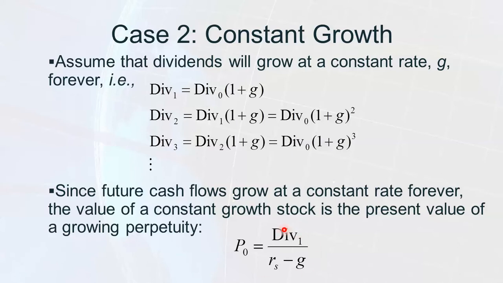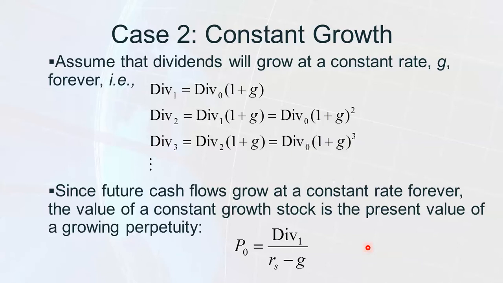Which is PV equals cash flow 1 divided by R_S minus G. In other words, since the cash flow is the dividend in this case, it is the dividend at the end of the year divided by R minus G. R is the cost of common equity minus the growth rate.